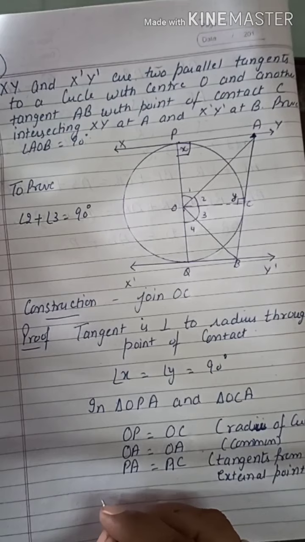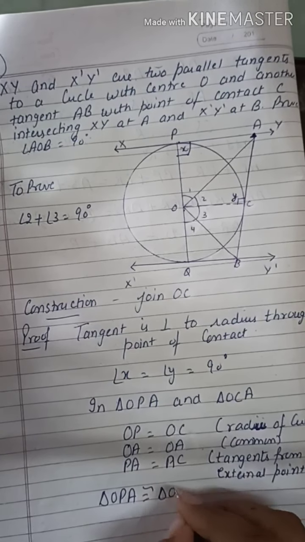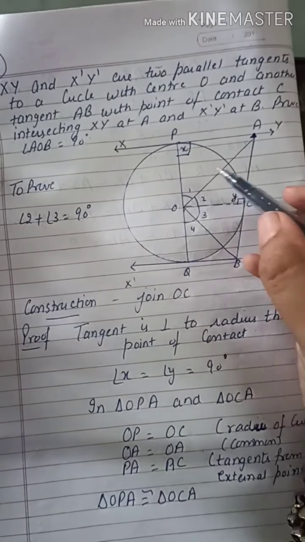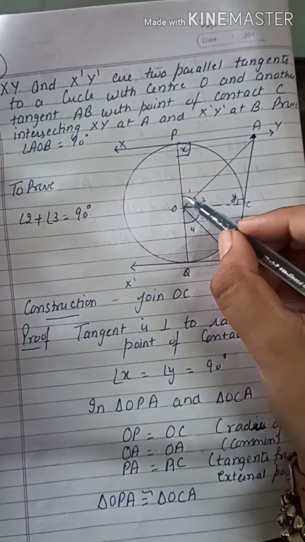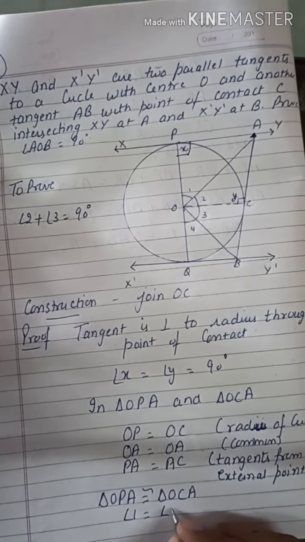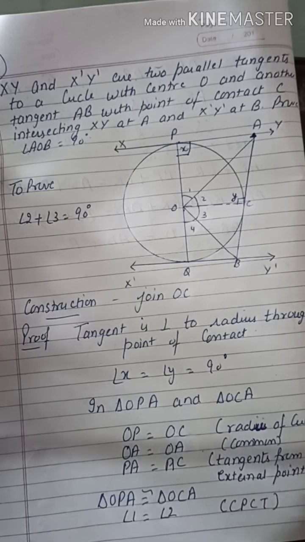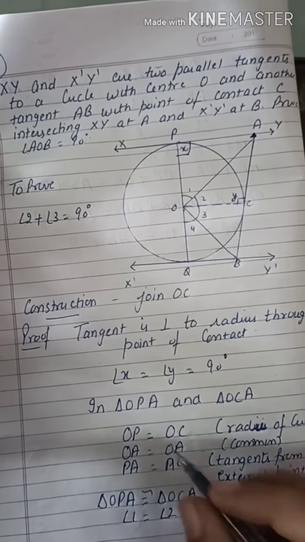So we can say that triangle OPA is congruent to triangle OCA. If these two triangles are congruent to each other, angle 1 must be equal to angle 2. Angle 1 equals angle 2 by CPCT. CPCT means corresponding parts of congruent triangles are equal.